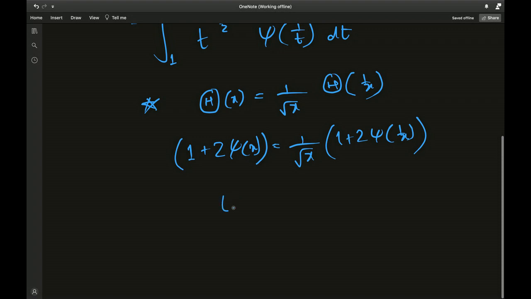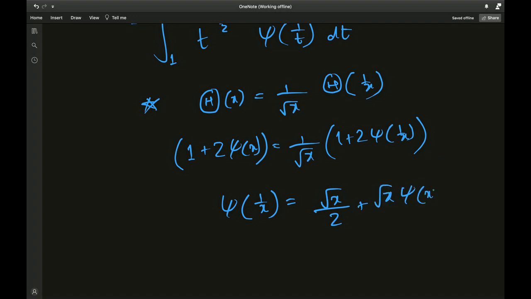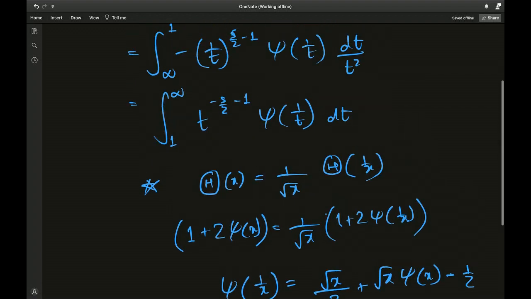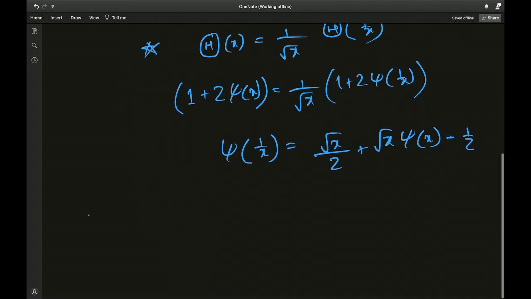So on rearrangement, psi of 1 over x is equal to square root of x over 2 plus square root of x times psi of x minus half. And this is exactly what I'm going to plug in for I1 here.